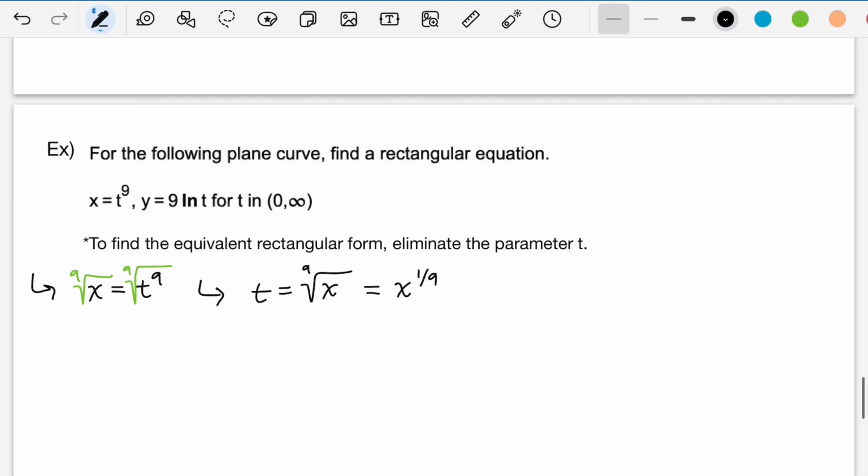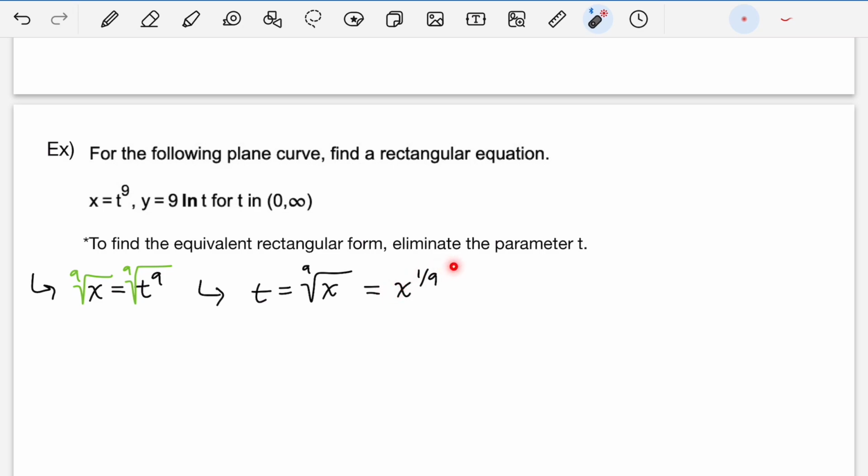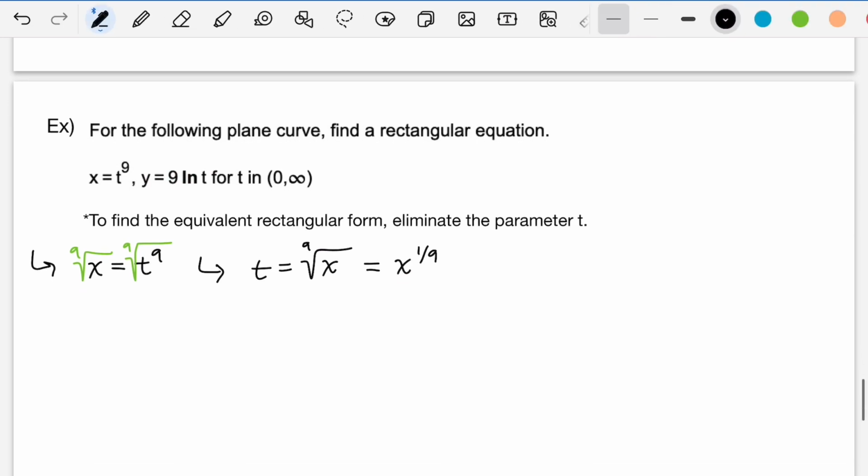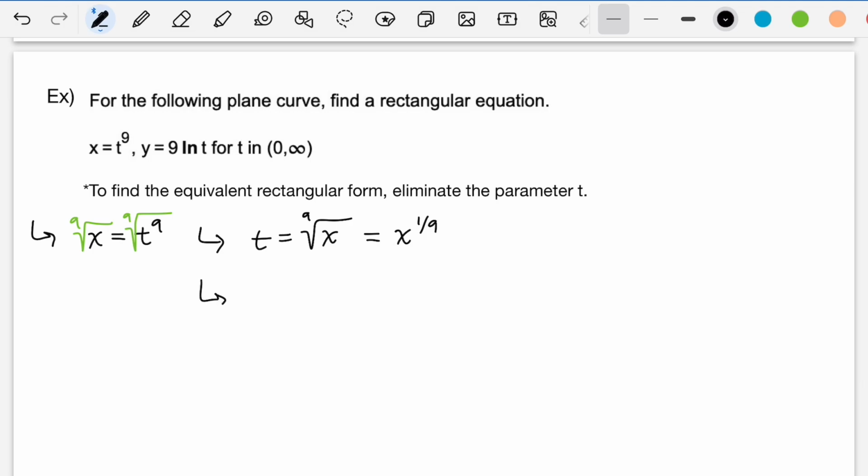So now we'll plug in this value for t, t is equal to x to the 1 over 9th power. We'll just plug this in for t here, and we'll get a rectangular equation, an equation that is just dependent on x, no longer on the parameter t. So y is going to be equal to 9 ln of t, which is x to the 1 over 9 power.